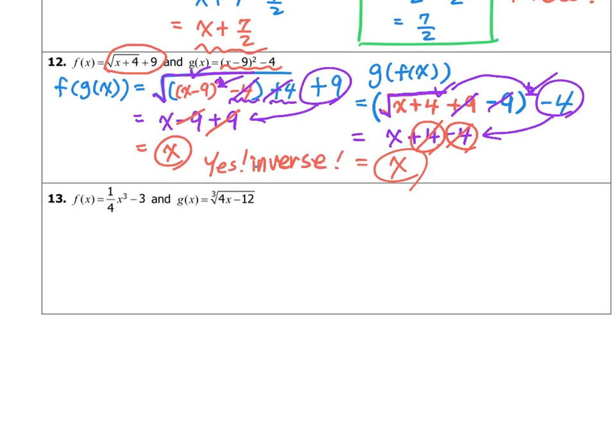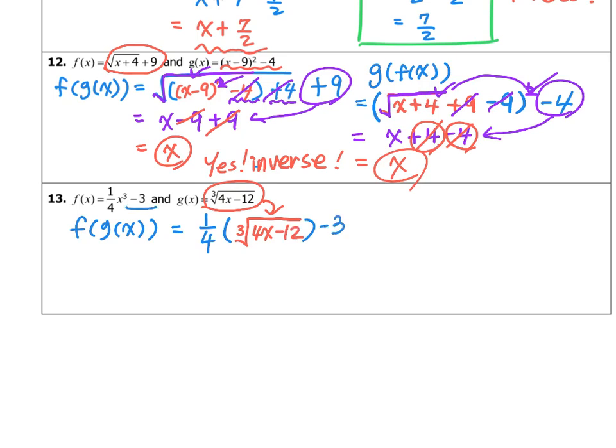Number 13, f of g of x is 1/4 of the whole thing from g of x, right? It goes in there. It's what? Cube root of 4x minus 12. And finish with the last part from f of x. All right.